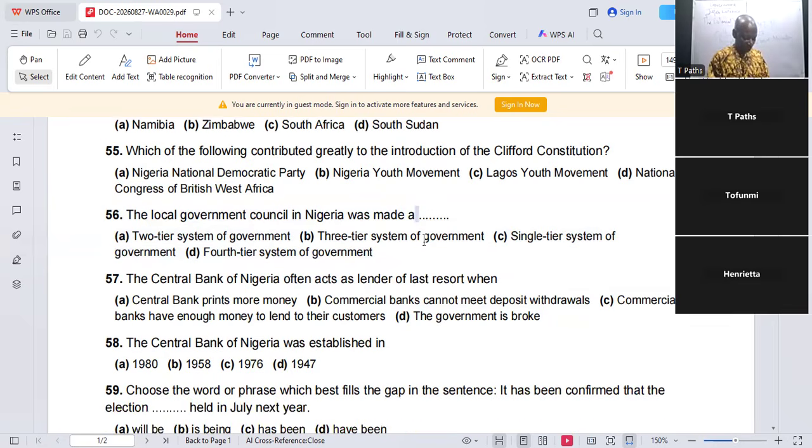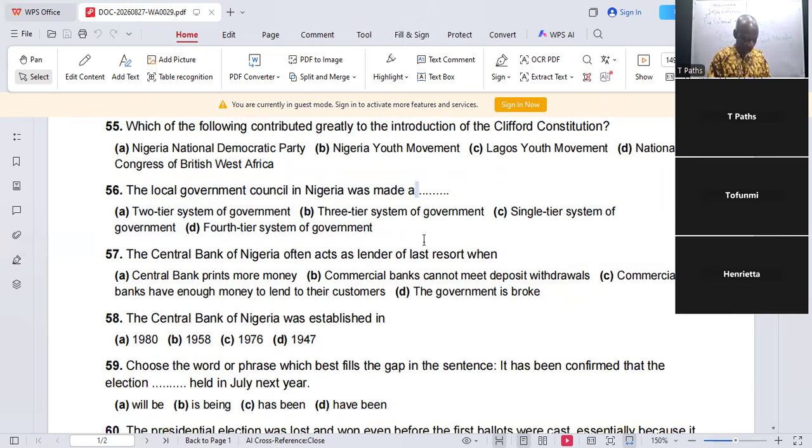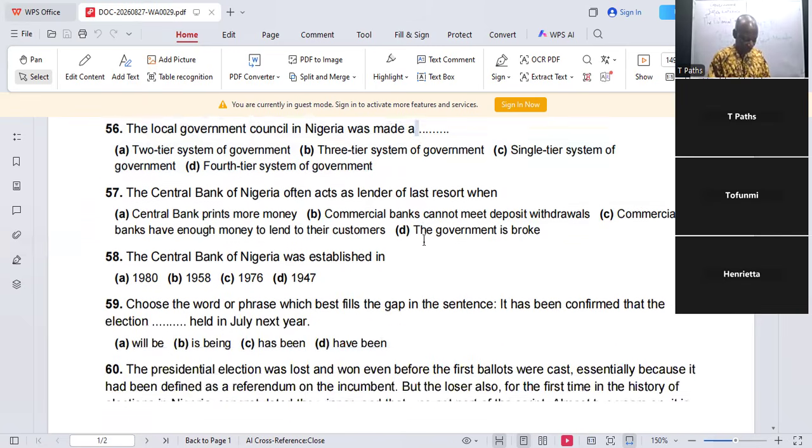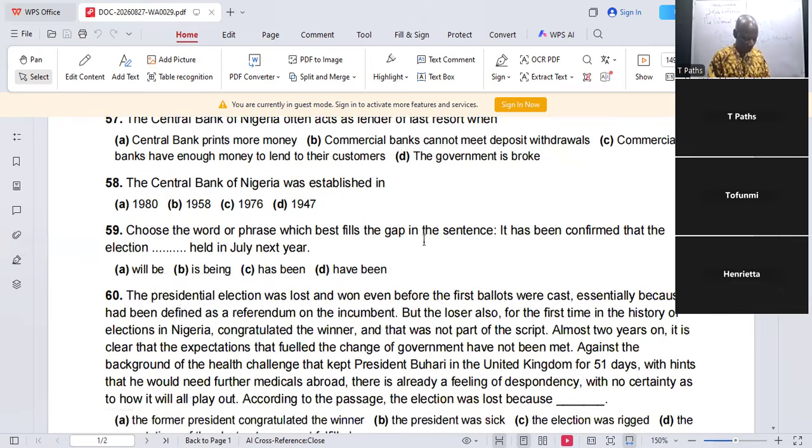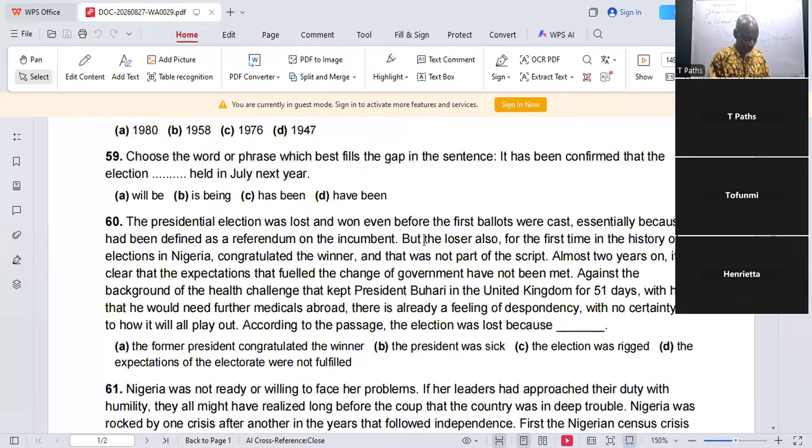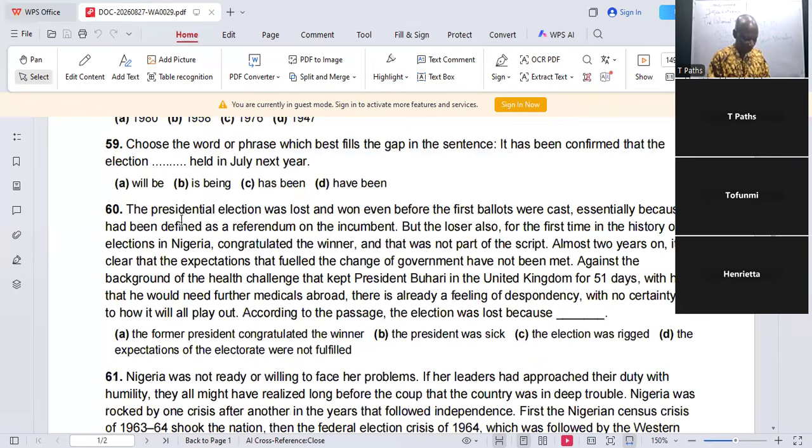Number 60. The presidential election was lost and won even before the first ballot was cast. Essentially, because it had been defined as a referendum on the incumbent, but the loser also, for the first time in the history of election in Nigeria, congratulated the winner. And that was not part of the script.